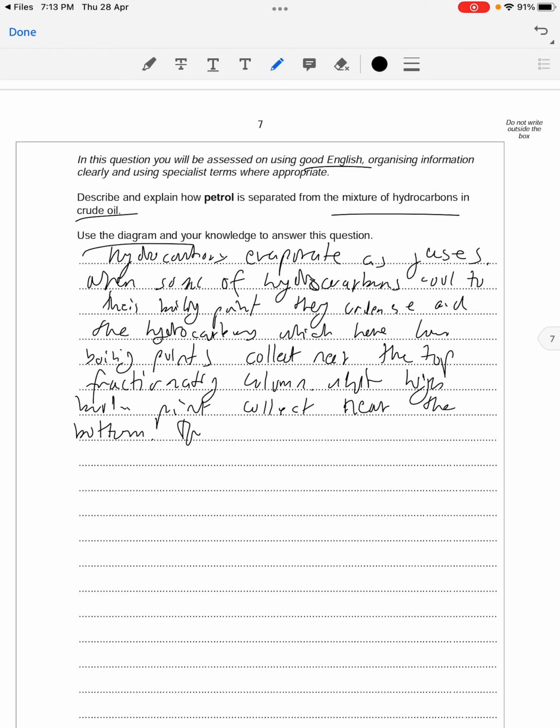Then you can say that the process, because it's similar to fractional distillation, we're just going to mention it's fractional distillation. Some of these hydrocarbons, like I said, condense to form liquids and remain as liquids.